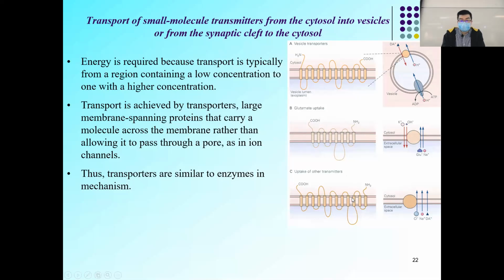Now, transporters are very important. So you have to distinguish the vesicle transporters and the membrane transporters, okay? Because the vesicle transporter usually uses the proton pump and then uses the proton gradient for transport, okay?